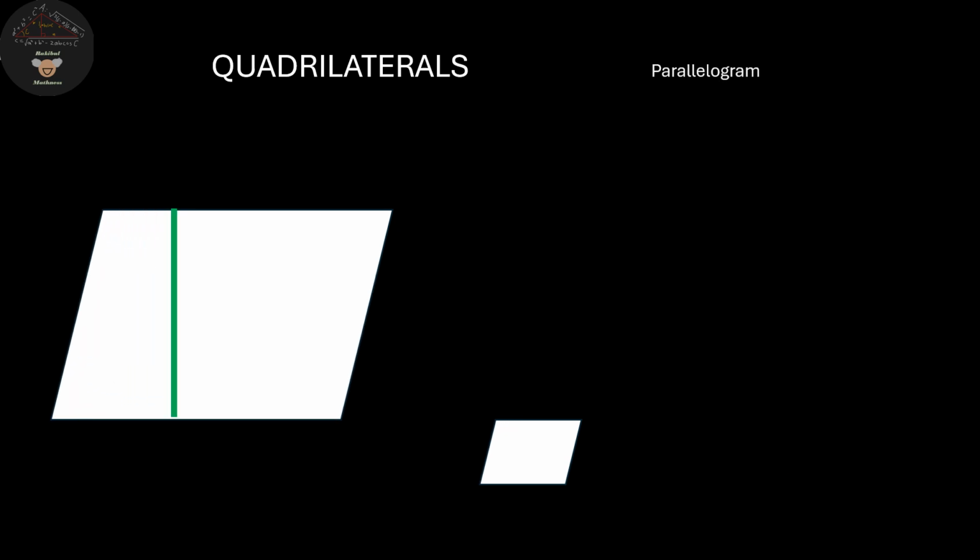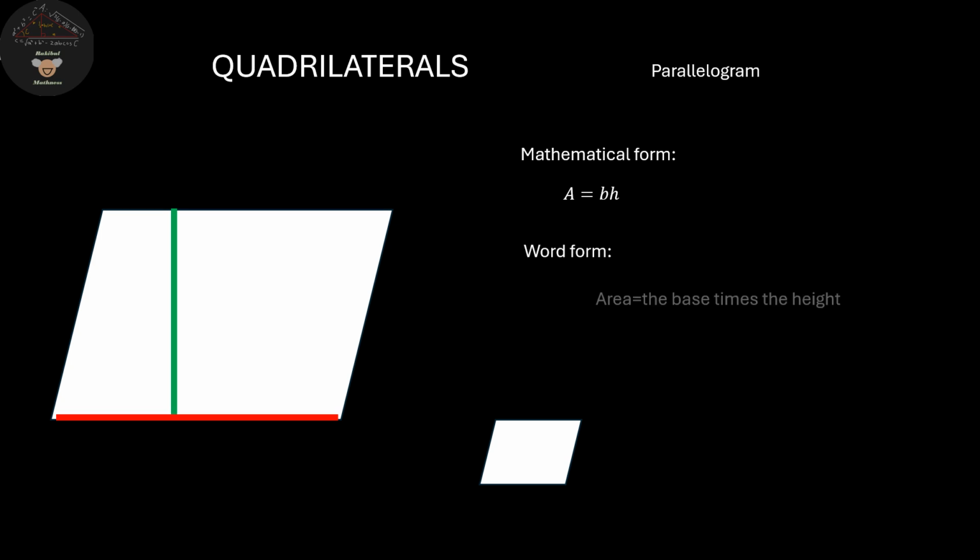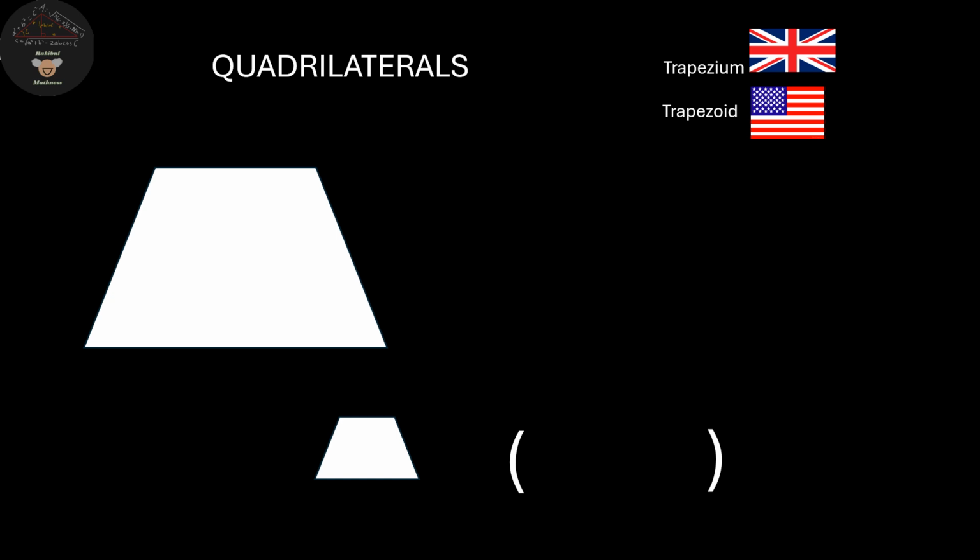Now for a parallelogram, you'll usually have the height and the base. And the same formula applies: A equals B times H, area equals base times the height. So next we have the trapezium or the trapezoid, and we need the height, the base, and the top.